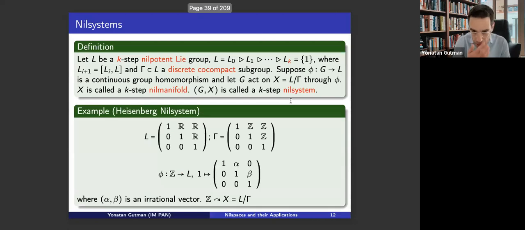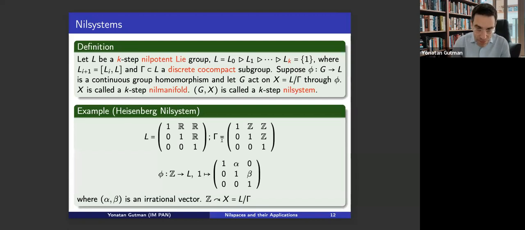Here is an example, which is called the Heisenberg nilsystem. L is just these upper triangular matrices where you have 1 on the diagonal, and here you have freedom to choose 3 parameters. Gamma is a lattice, with 1 on the diagonal, but here, as you can see, you are free to put 3 integers. And if you divide L by gamma, you get a manifold.